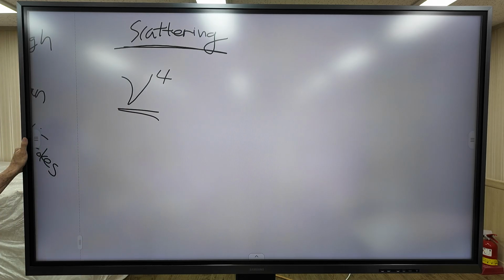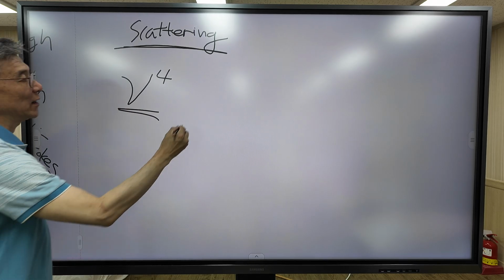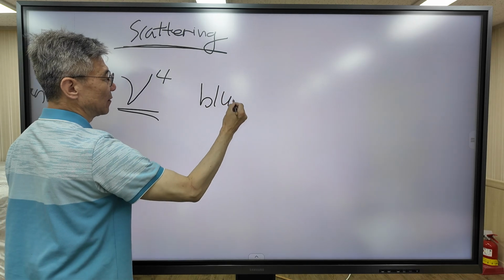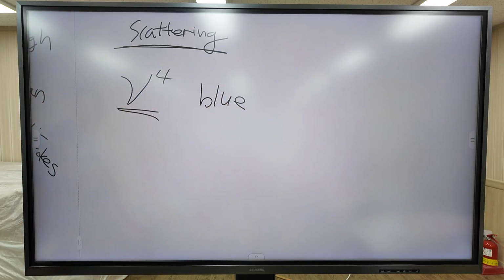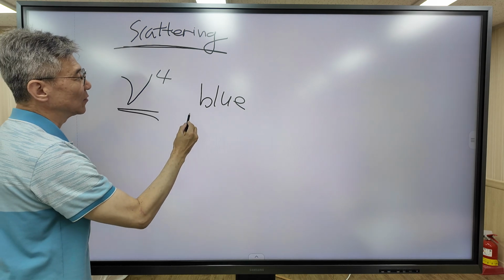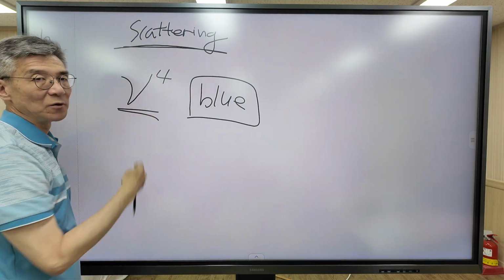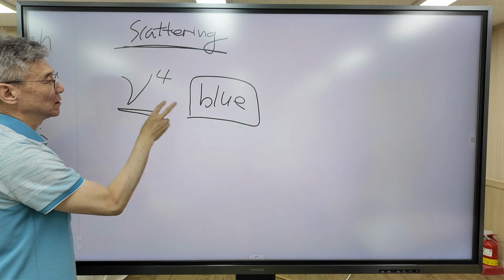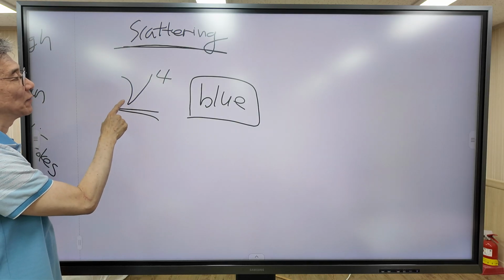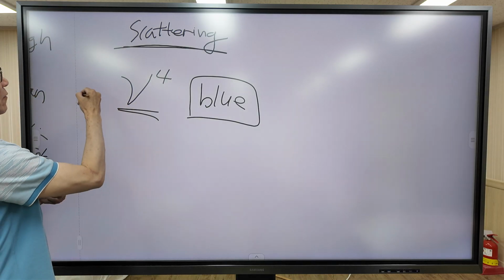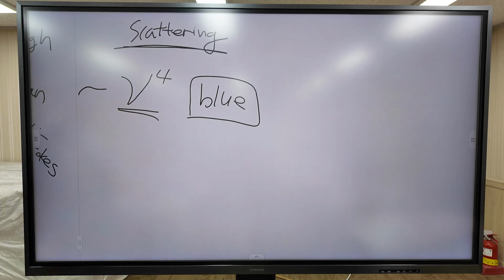So among visible wavelengths, blue light scatters more strongly compared to red light. This is the reason why the sky is blue, because according to the theory, scattering efficiency is proportional to the fourth power of frequency.